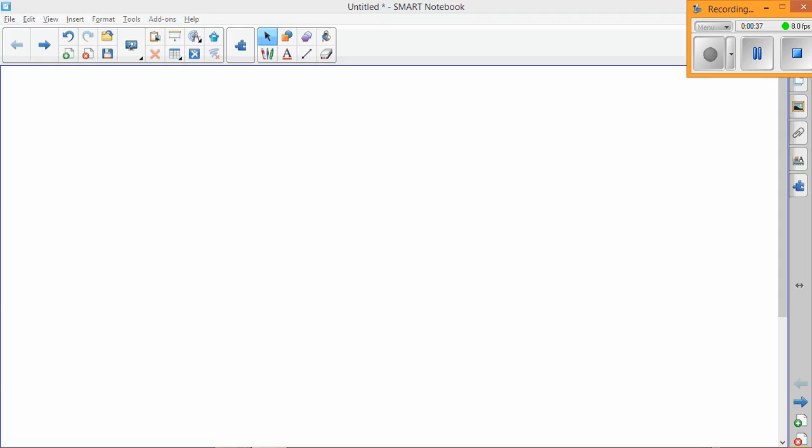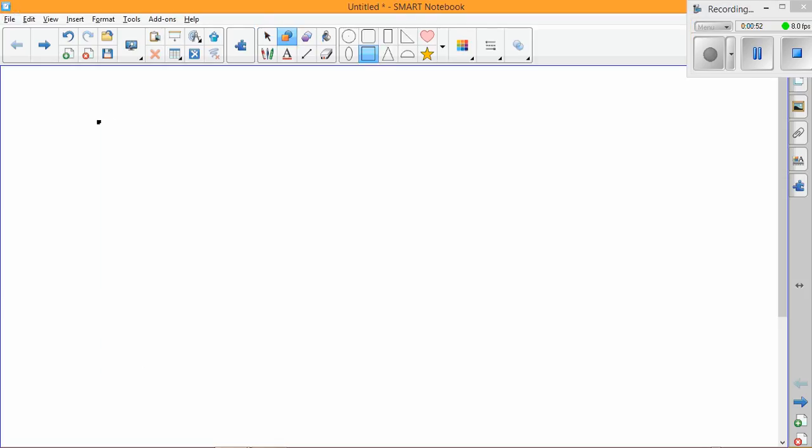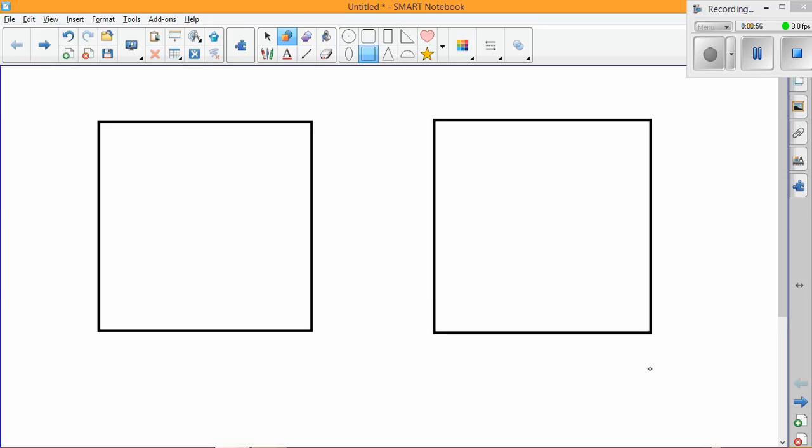So the most important thing that we need to remember when identifying proportional and non-proportional relationships on tables and graphs is looking for a constant. So if I have a table, I'm going to put two tables.